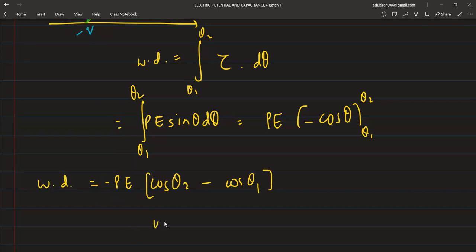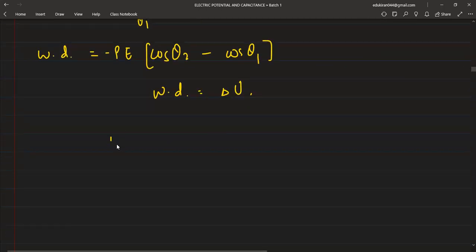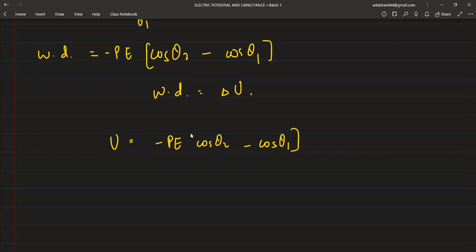This work done gets stored in the form of potential energy. So our potential energy has the same formula, minus PE, cos theta 2 minus cos theta 1. So this formula you have to remember.